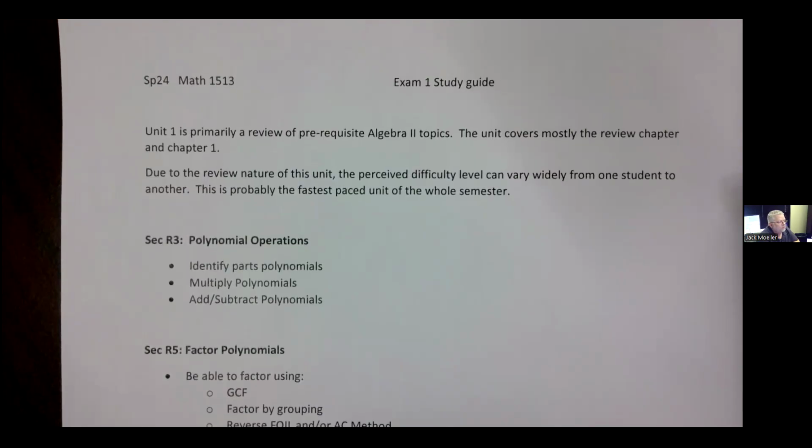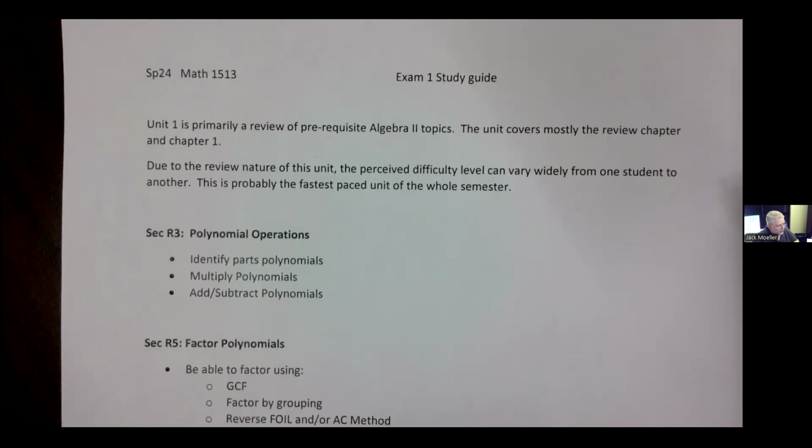Particularly since this is the first topic for Unit 1, just as a reminder, each unit in college algebra has its own challenges. The challenge for Unit 1 is that this is primarily an Algebra 2 review section. And for those of you above the cutoff, I think it's a 19 on the math ACT, theoretically you should know almost all this.